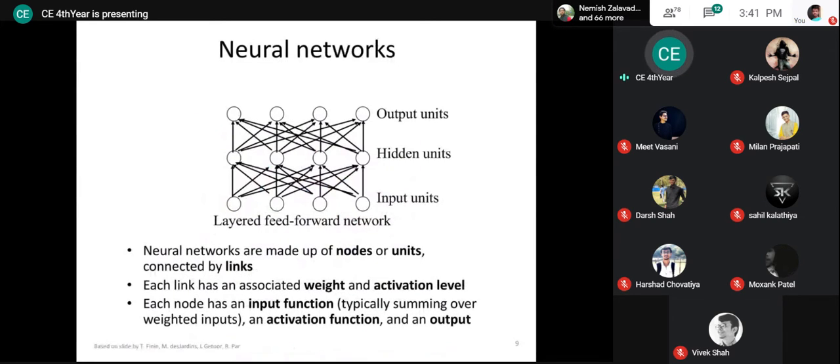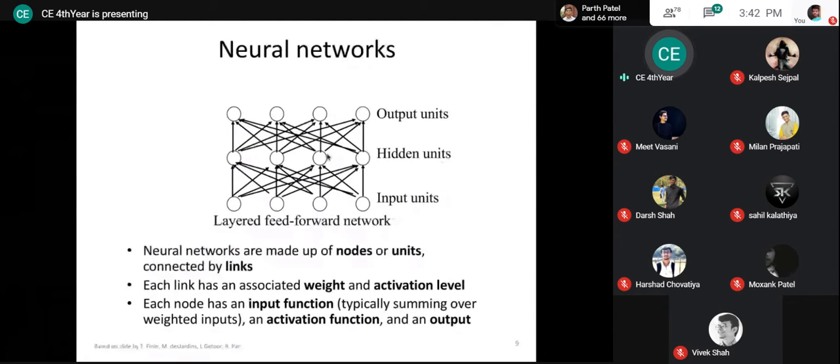I have inherited these slides from some good material as well as from the N2NG course to discuss the basic fundamentals or basic concepts. So input units are connected with hidden units.